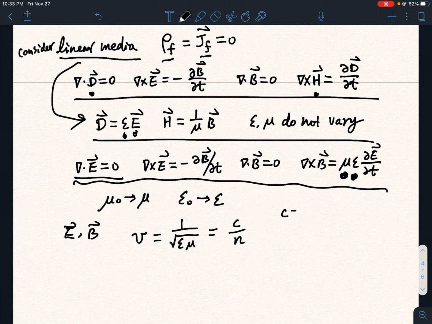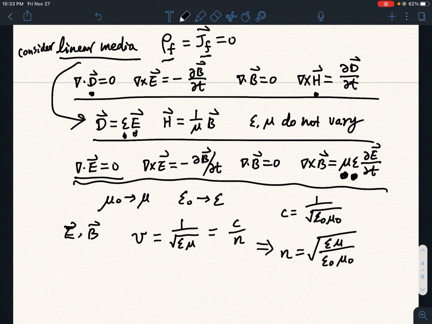And c, of course, is 1 over the square root of epsilon 0 mu 0. So from here, we get n is the square root of epsilon mu divided by epsilon 0 mu 0. This is called the index of refraction.